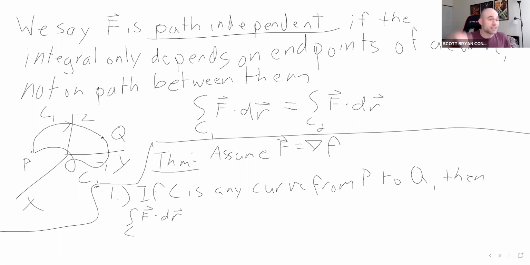You just evaluate the antiderivative at the endpoints. So it's the antiderivative, little f, at the final point minus the antiderivative at the starting point. So this means the vector field F is path independent.